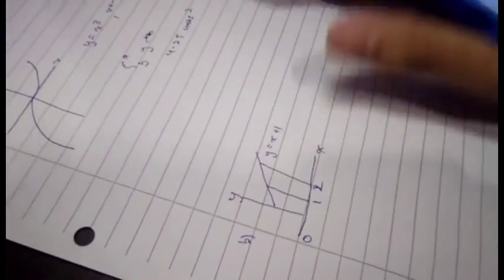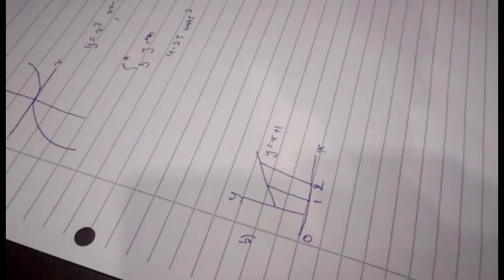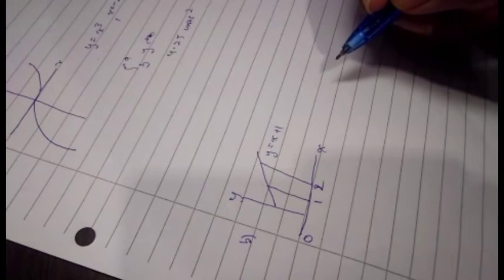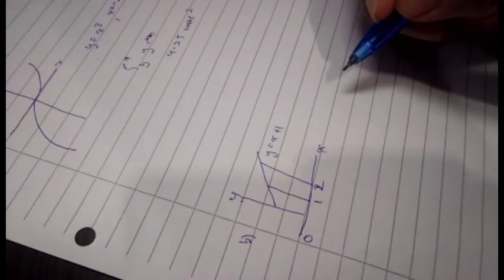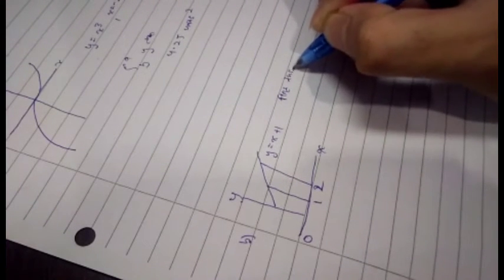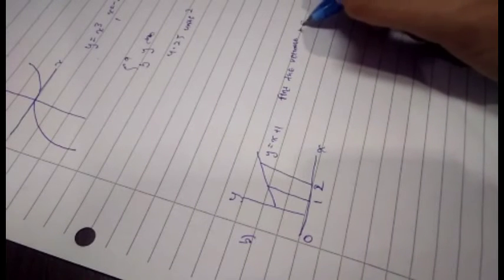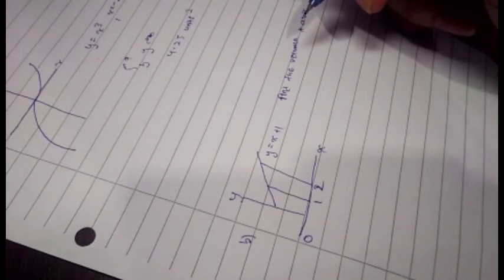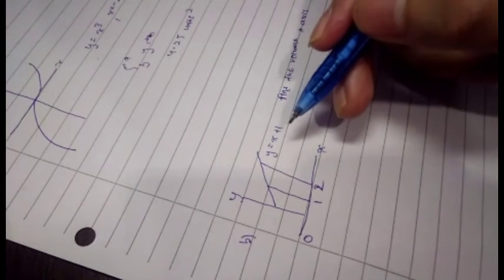Next question. I will explain this question. Firstly, what is question 1? Find the volume about the x-axis. We know the info for this question: y equals x plus 1.